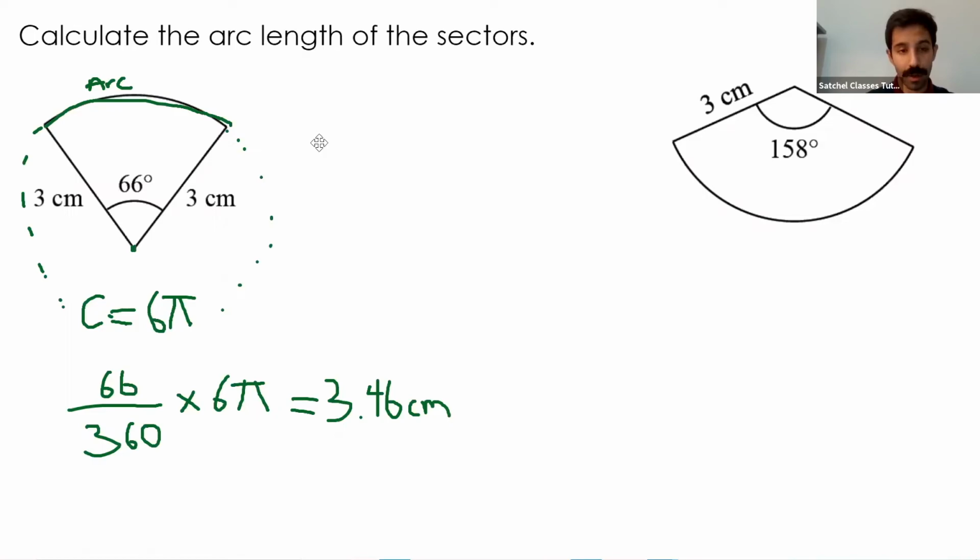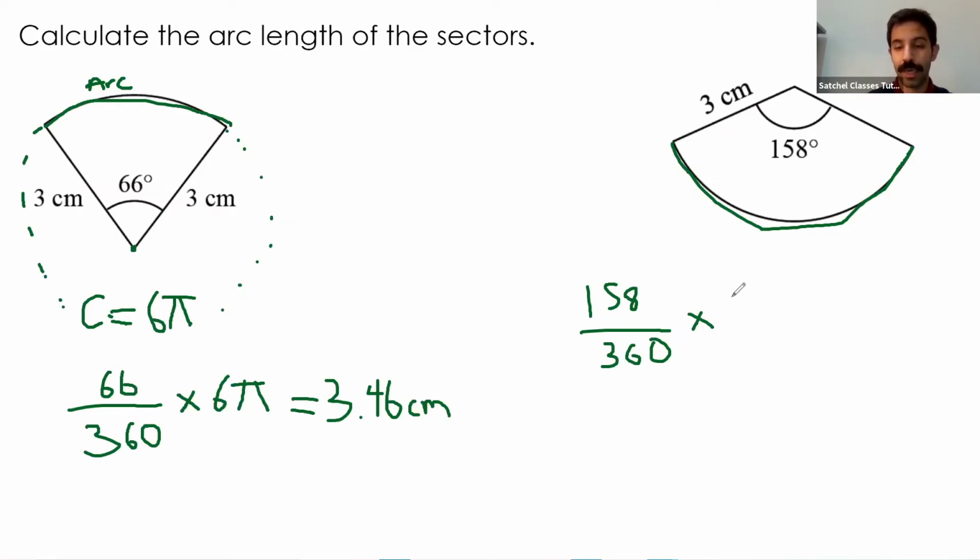Now, in the next example, again, our radius is 3, so therefore our diameter is going to be 6. To find out the fraction of the full circumference that we want, we would use this angle here. So that's going to be 158 over 360 multiplied by the full circumference, which is pi times the diameter.